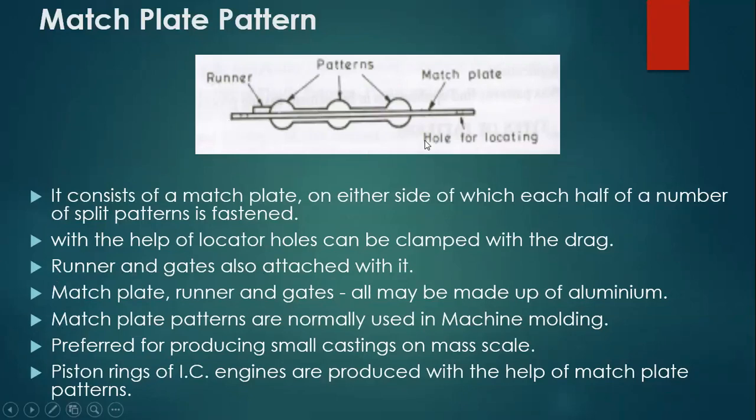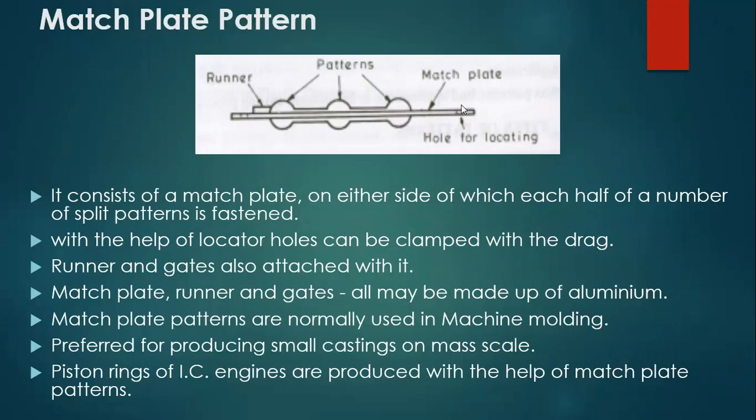Now how does this work? Initially you have to place this match plate pattern on the drag box, and we have to insert the locating pin from this hole to the drag box hole. Means initially we have to fix this match plate pattern to the drag, and from the top side we have to place the molding sand.